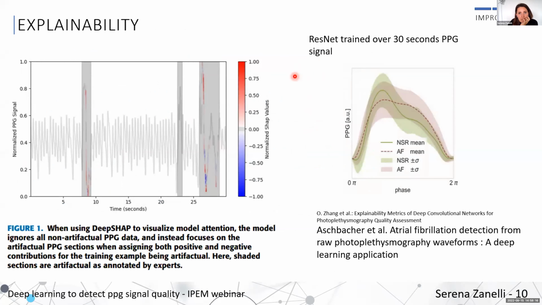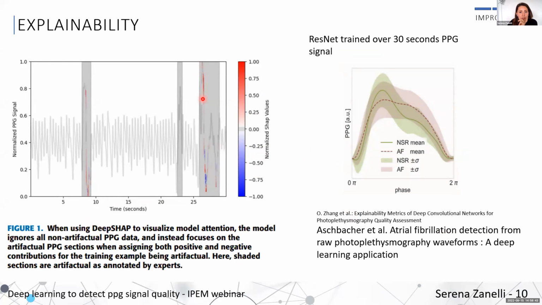Another topic that is very important in medical devices is, if you want to validate your model and sell it on a device, you need to be able to explain why your model is taking some decision. And in the paper "Atrial fibrillation detection from raw photoplethysmography waveforms: a deep learning approach", they use deep SHAP to visualize model attention.